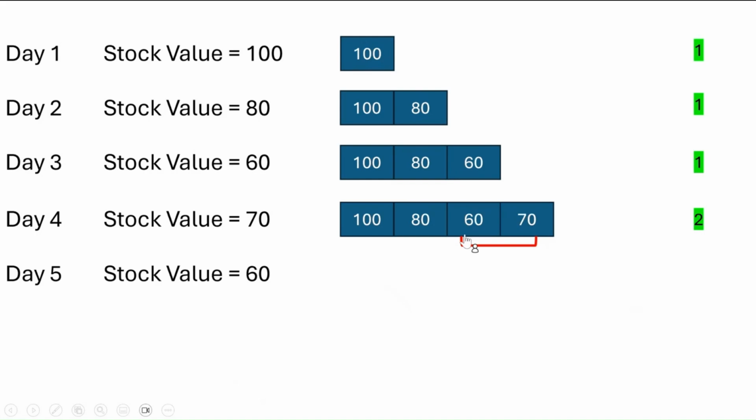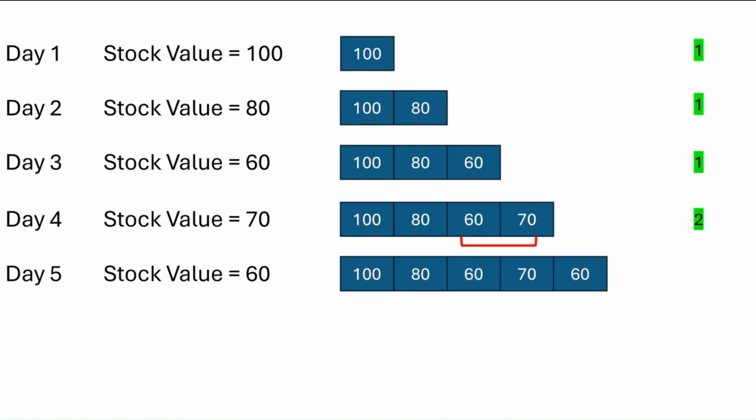On day 5, when we get stock value 60, the span is 1 only, because after 60 going backwards, there is no smaller or equal value than 60. Here it is, but we need to check consecutively. That's why the span is 1.